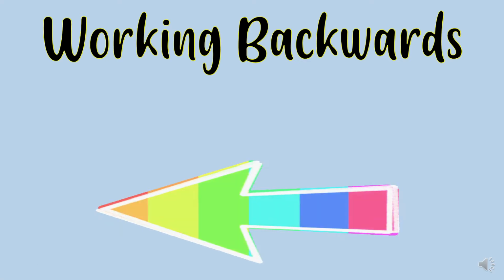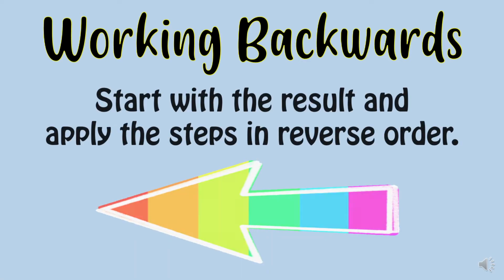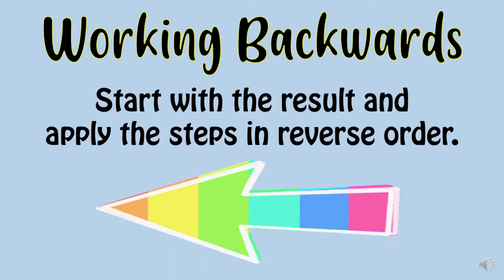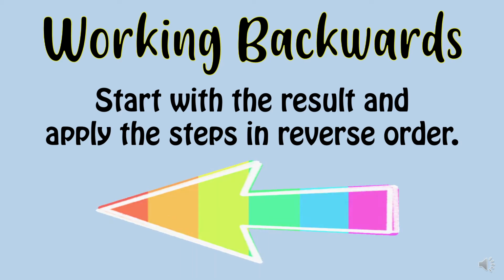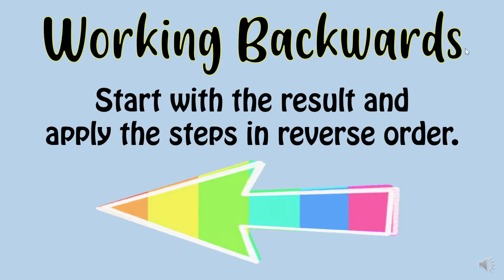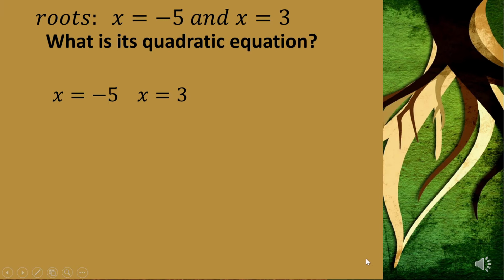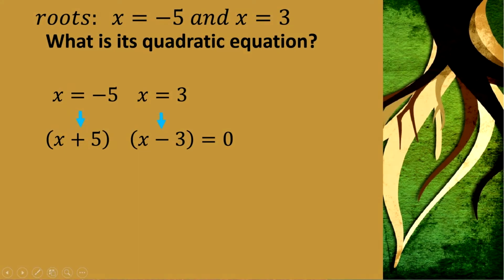The following steps are like solving a quadratic equation but in reverse order. Therefore, we will just multiply the following factors: (x + 5)(x - 3) = 0.